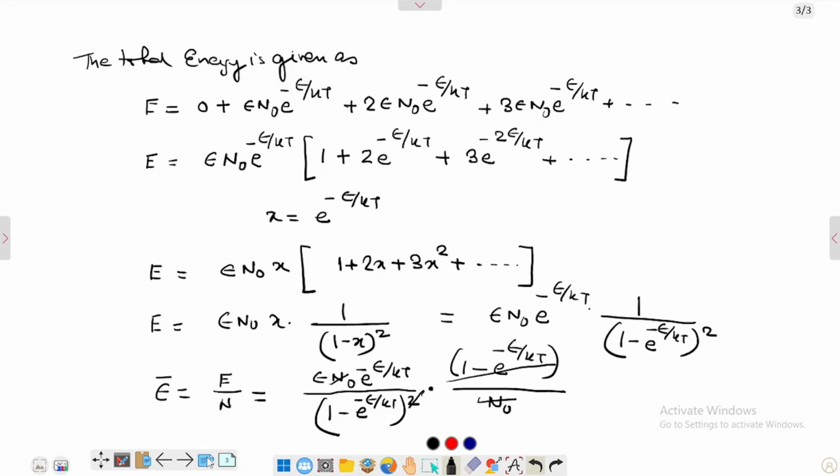So if I go to the next one, I know my epsilon prime is equal to E, my n, and what value do I get here? Here I get epsilon e to the power minus epsilon by kt divided by 1 minus e to the power minus epsilon by kt.